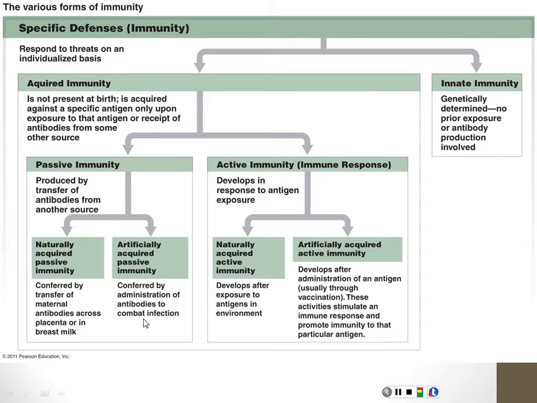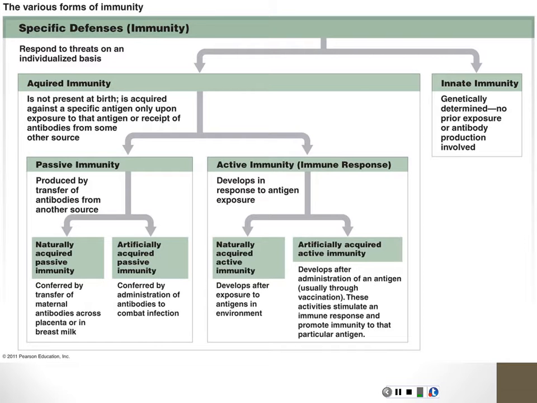And then the rarest of all of these is artificially acquired passive immunity. This is where we inject you with antibodies made some other way, either made in another person, which they used to do a lot but don't do much anymore, or made in a laboratory. Now, why on earth would you need that? The most common example is a bizarre one, but it's snake venom.